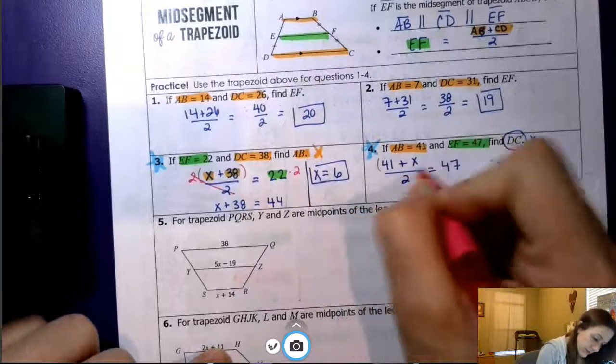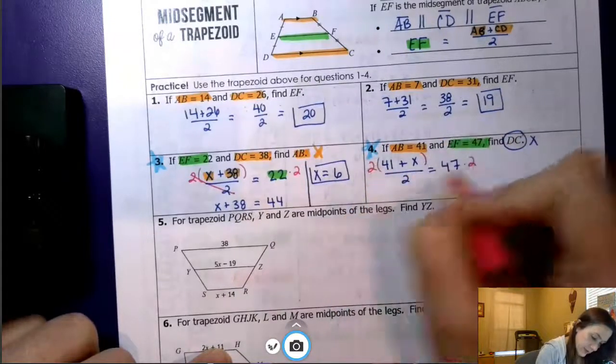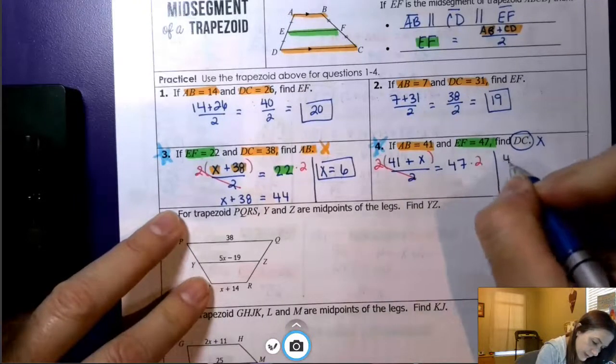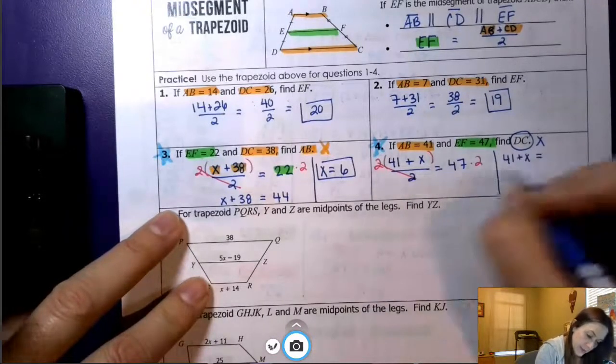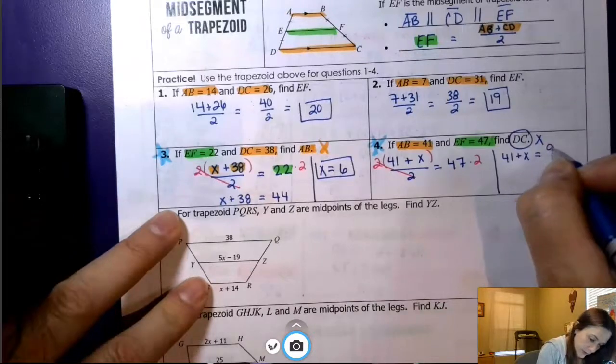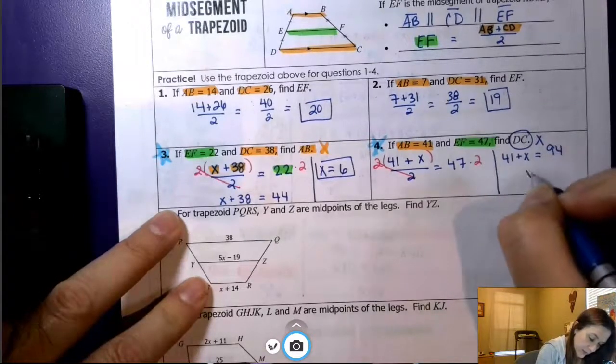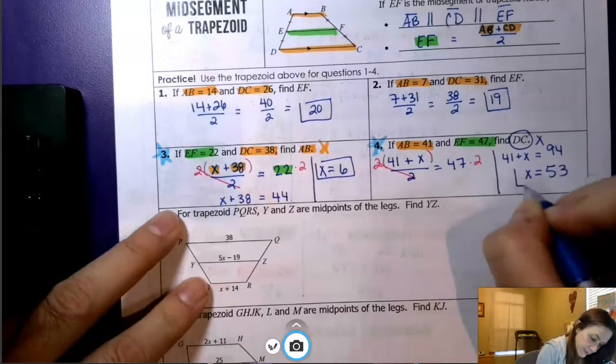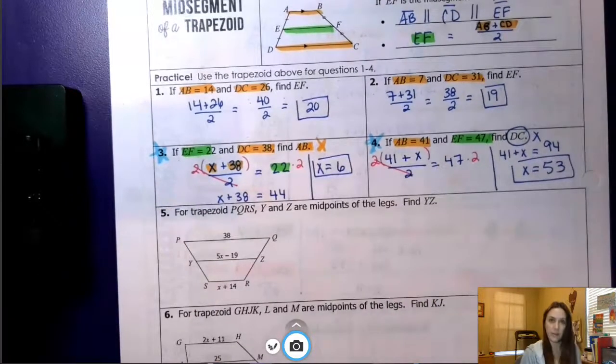I'm going to multiply both sides here by 2. I end up with 41 plus x. 47 times 2 is 94. Subtract 41, I get x equals 53. So good job there. Hopefully you guys got those right.